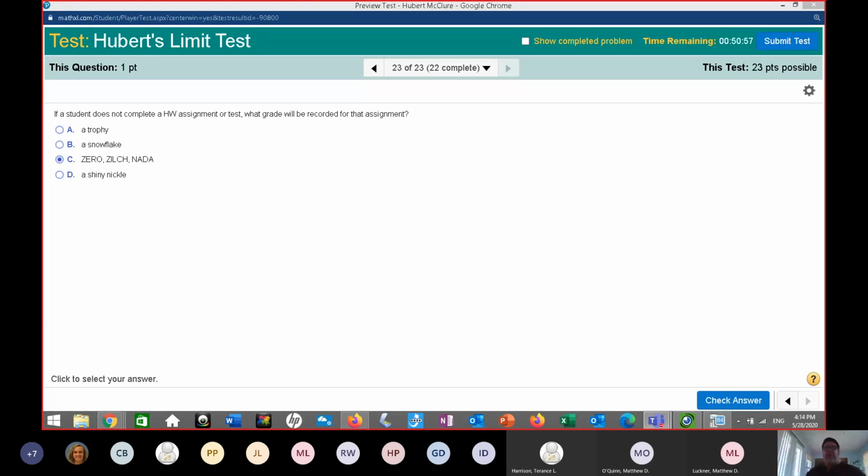Now, does that mean the derivative test is going to be easy? Oh, hell to the no. The derivatives themselves are easy, but what about the algebra behind the derivatives? They're not so easy.